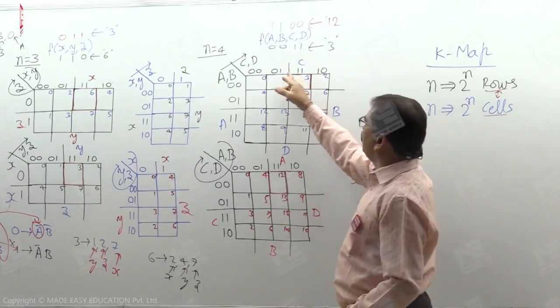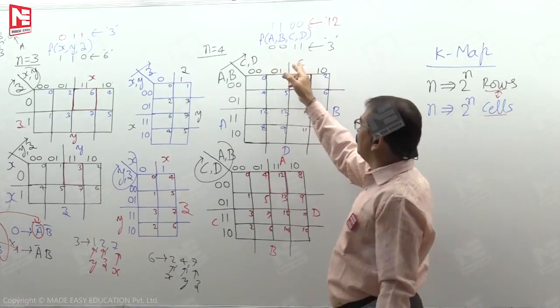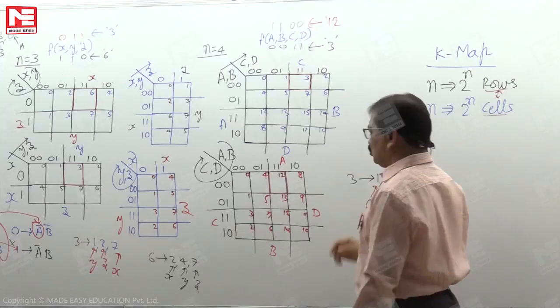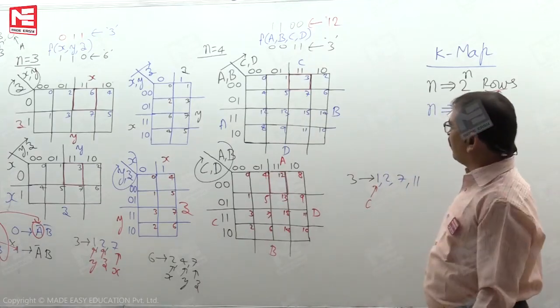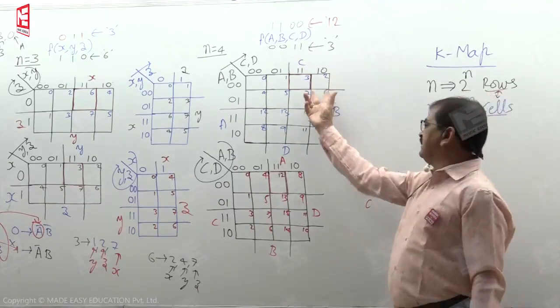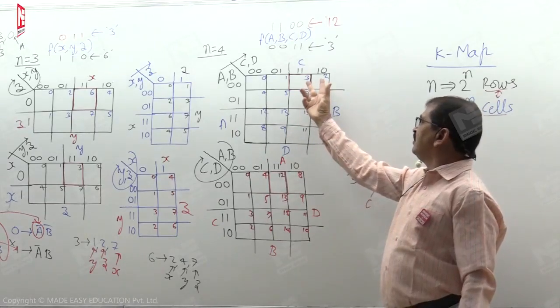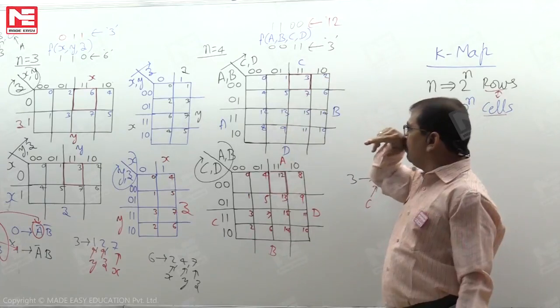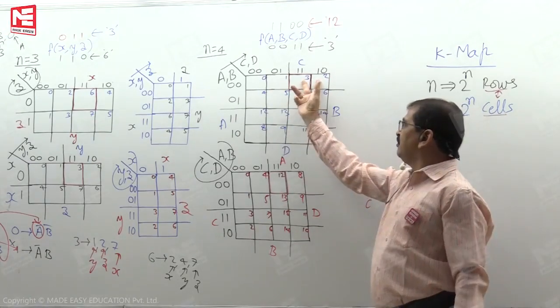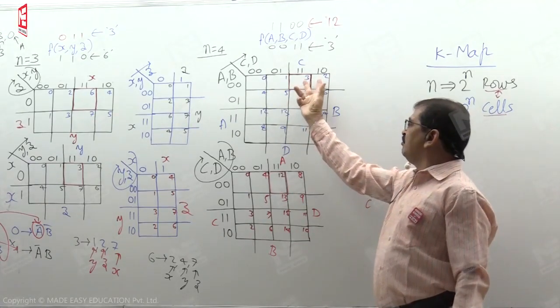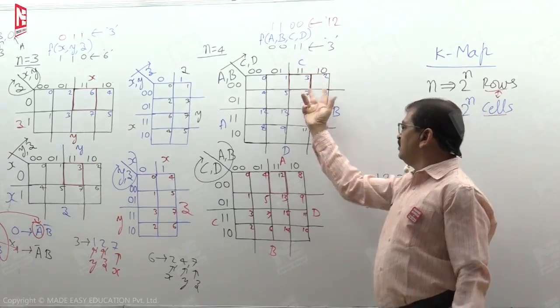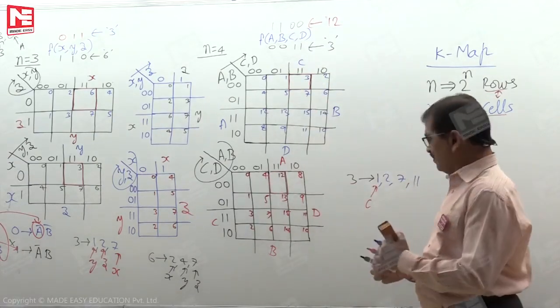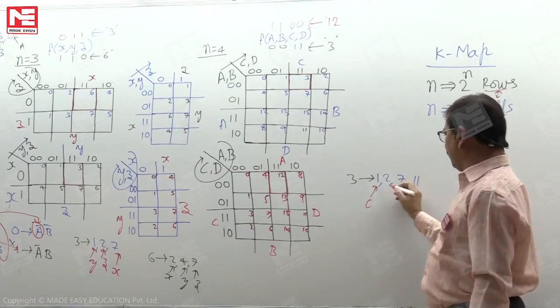So instead of looking at the binary, we can observe from this. So they differ in variable C. Similarly, cell 2, if you check, they are common with A, common with B, common with C, but differ in variable D.